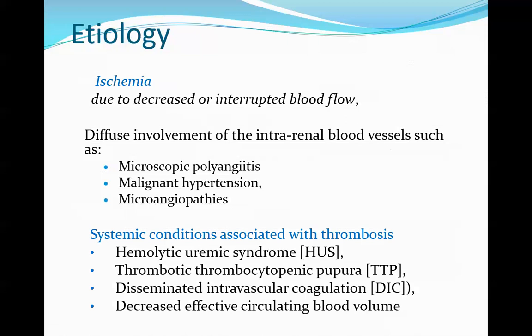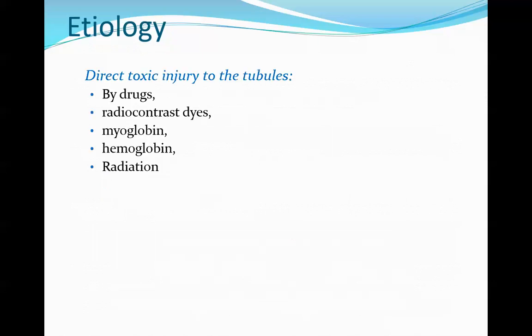And the systemic ones, which are throughout the body, are hemolytic uremic syndrome, HUS, thrombotic thrombocytopenic purpura, TTP, disseminated intravascular coagulation, DIC, and decreased effective circulating blood volume, meaning hypovolemia. So the intrarenal ones were three, and the others are these systemic ones. All of these lead to decrease in the blood flow to the kidney.